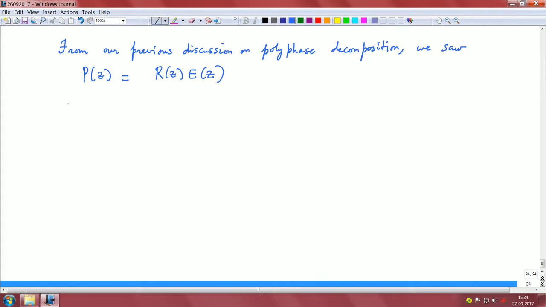And we saw that if P of z equals identity, right, then R of z is E inverse of z.